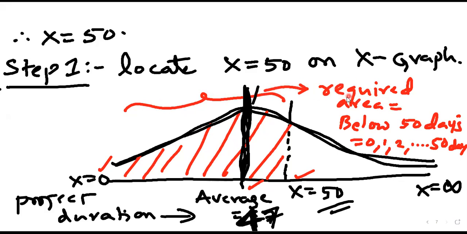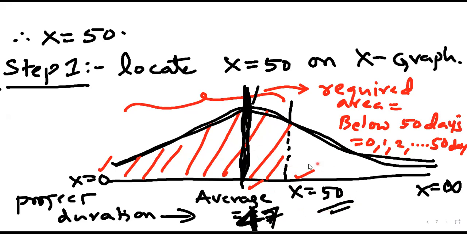One of the assumptions of normal distribution is that the frequency is high for the average value. So half the time the project will complete before the 47th day, and half the time after the 47th day. That is the average value.